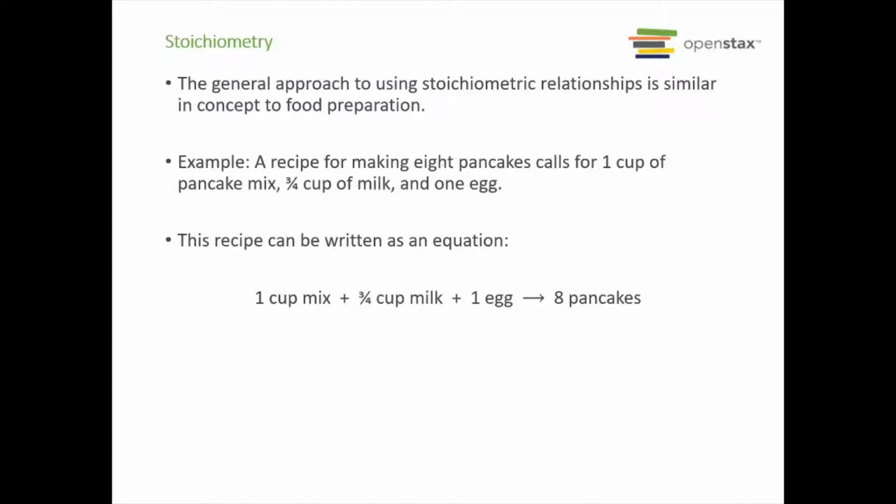Doctor those suckers up. Anyway, if we were to make this into an equation, we could say 1 cup of mix plus 3/4 cup of milk plus 1 egg react to form 8 pancakes. So I know that if I have a cup of mix, 3/4 a cup of milk, and 1 egg, I can make 8 pancakes.